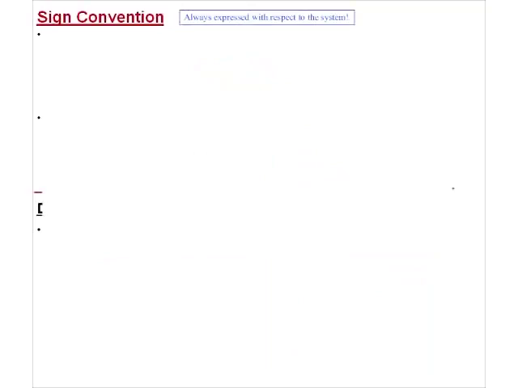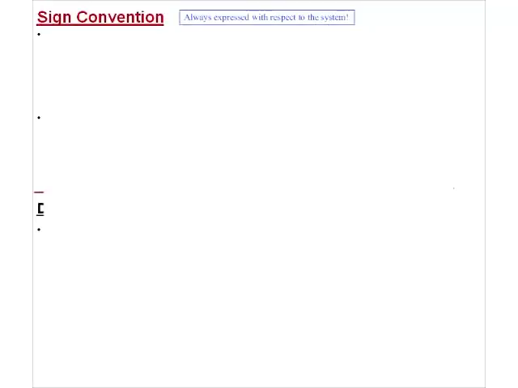Okay, sign convention. Every time we refer to an energy change, remember in the last lesson we talked about the systems and the surroundings, we always express the energy with respect to the system. So if I'm going to state an energy change, I have to say it's with respect to the system. Did the system gain energy, or did the system lose energy?